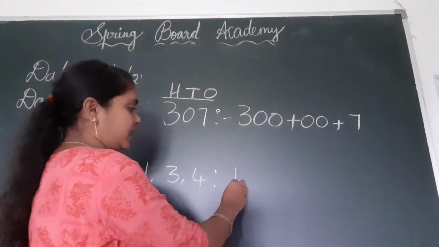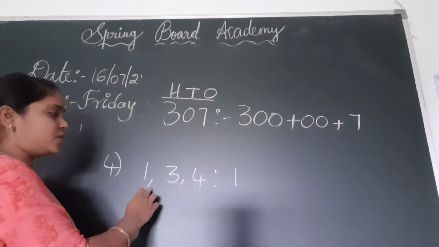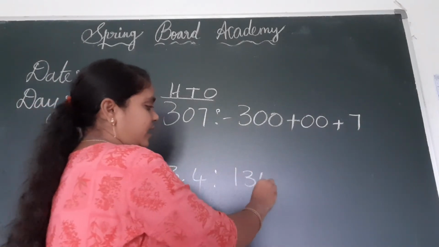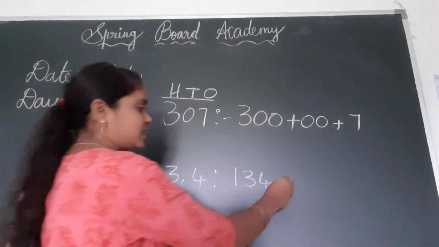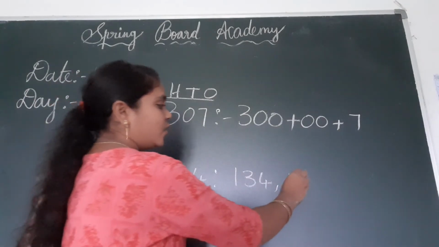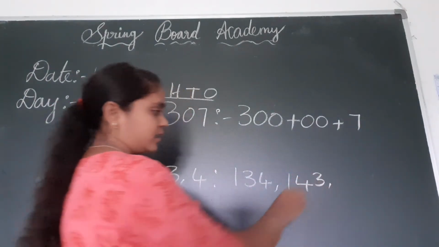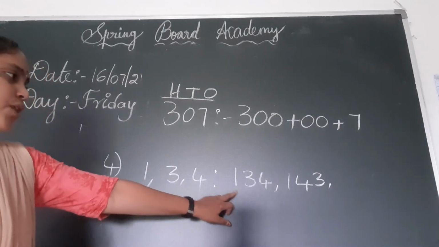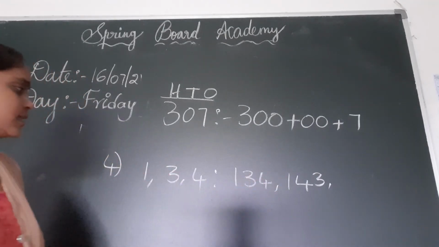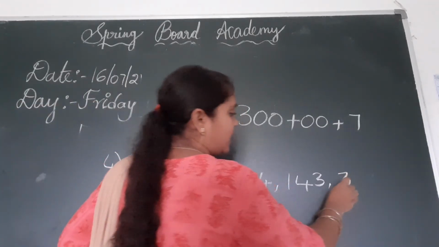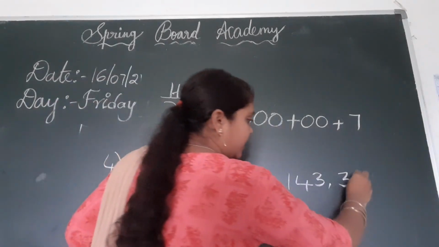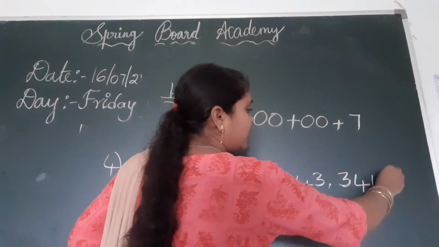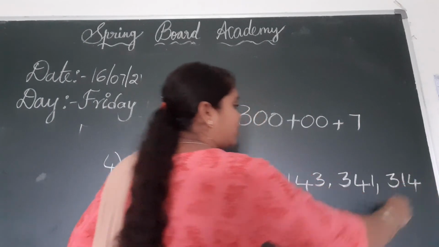So first I am writing, using the smaller number, 134. And I am just changing these two: 143. In the hundreds place here I wrote 1, 1. So next I am taking 3 in the hundreds place: 341 and 314.